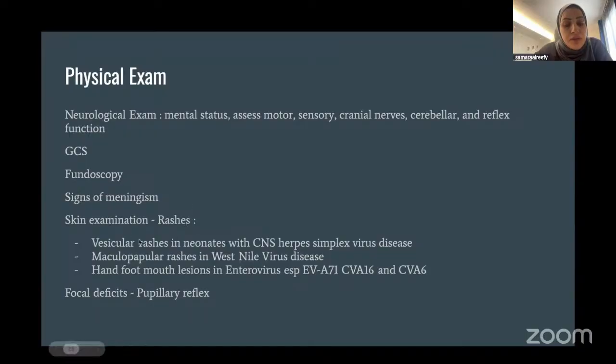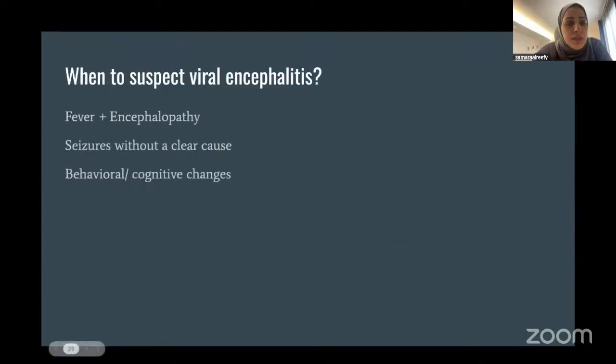For example, you'll have vesicular rashes in neonates with HSV. You have maculopapular rashes in West Nile virus, and the hand-foot vesicular rashes, which are evident in the palate and around the mouth, hands and feet, in patients with enteroviral infections. Focal deficits, so your pupillary reactivity.